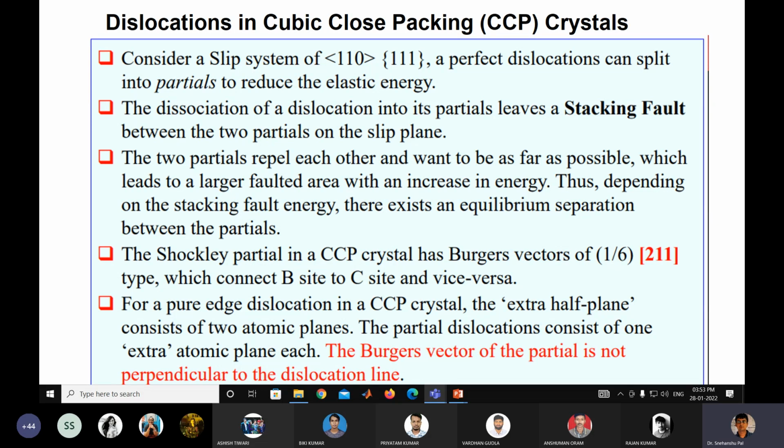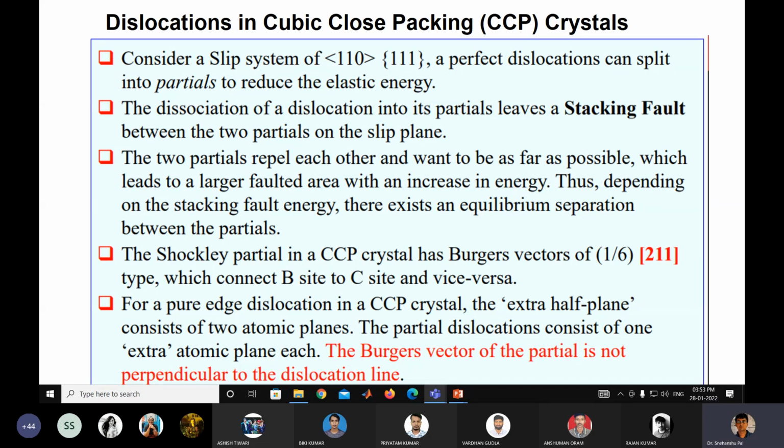So that equilibrium condition, or equilibrium separation between the partials, is the essential criterion for identifying the width or area of the stacking fault.